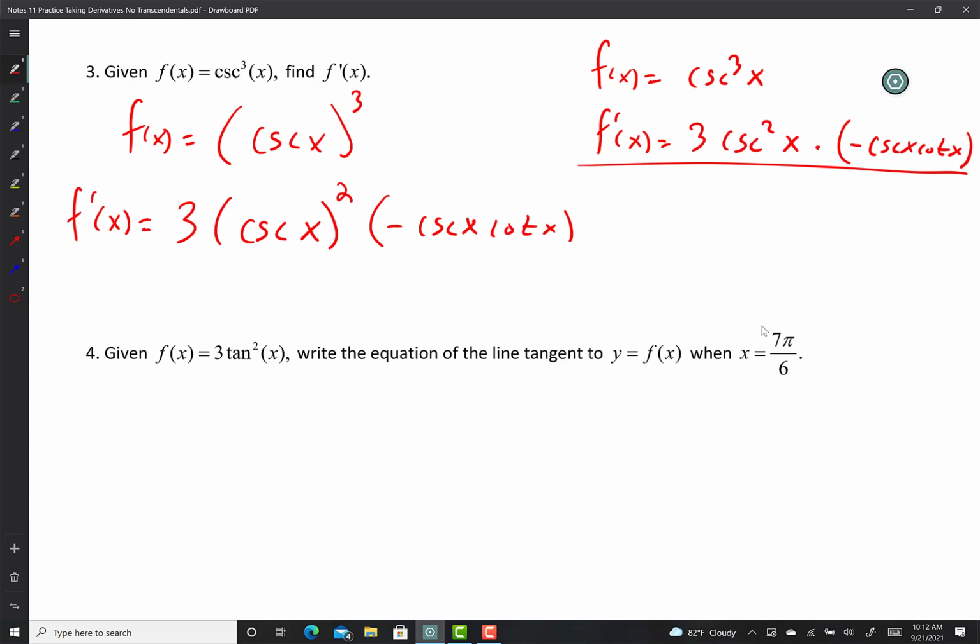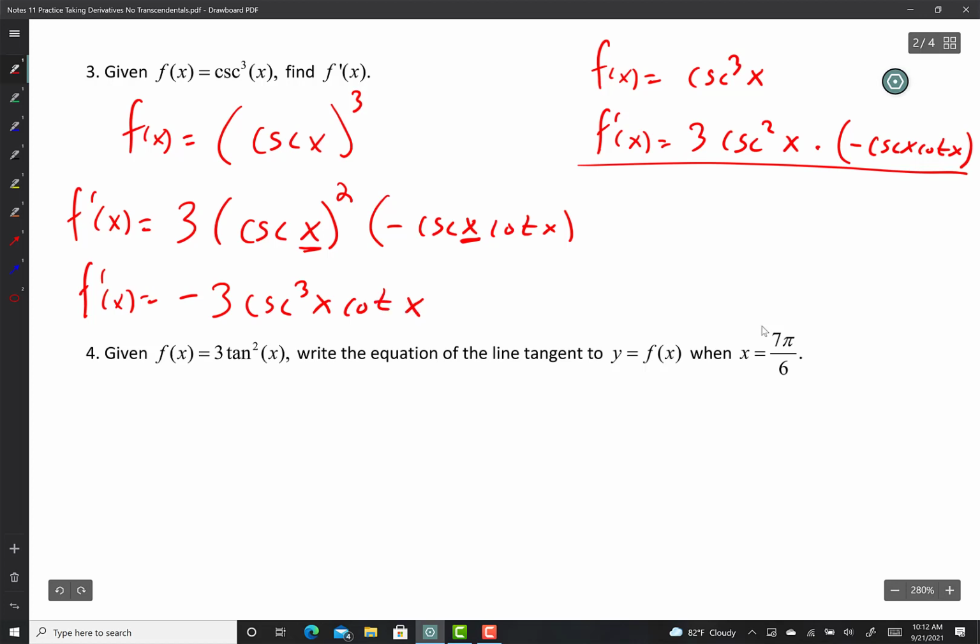Cool? I would definitely distribute this. f prime of x equals, I see that this is x and that's x, so I can combine those. So negative 3 cosecant cubed x, cotangent x. Do you guys see what we did there? Okay.